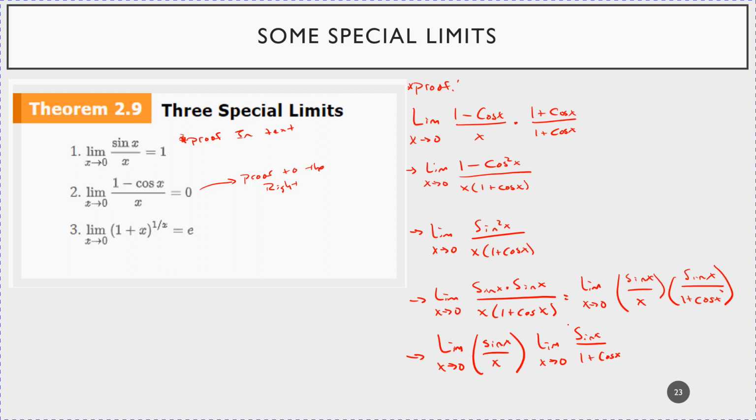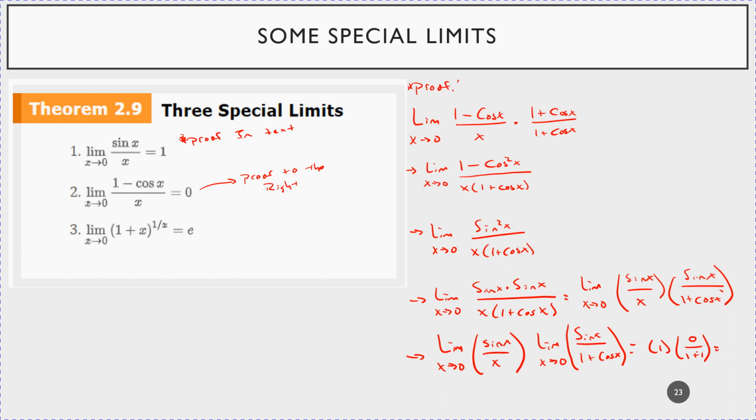Well, look, the limit as x goes to 0 of sine of x over x, that's this limit right here, which is equal to 1. And I can actually plug 0 into the other one: sine of 0 is 0, over 1 plus cosine of 0 is 1, so this becomes 0 over 1 plus 1.